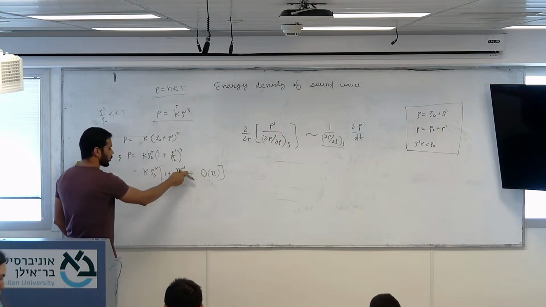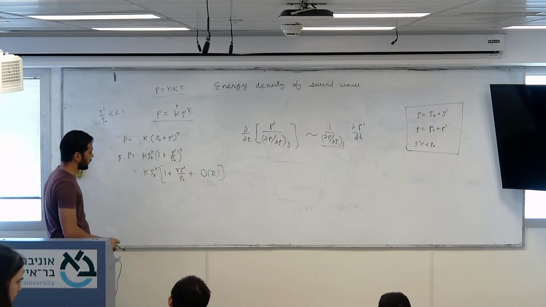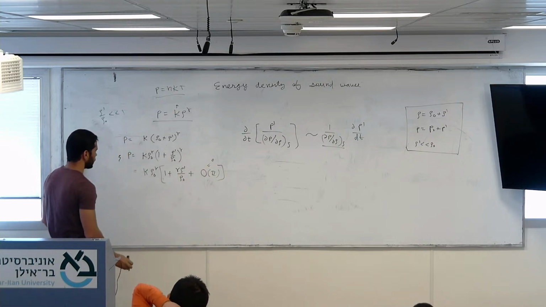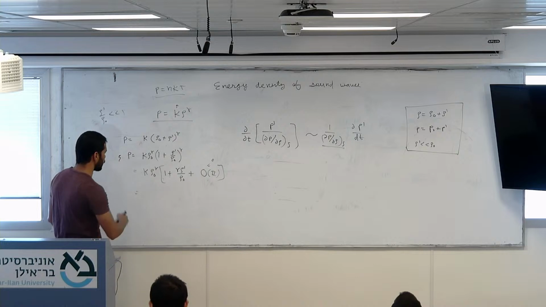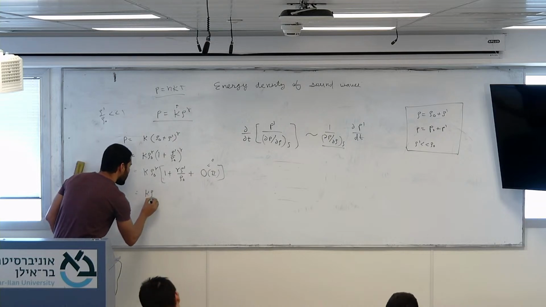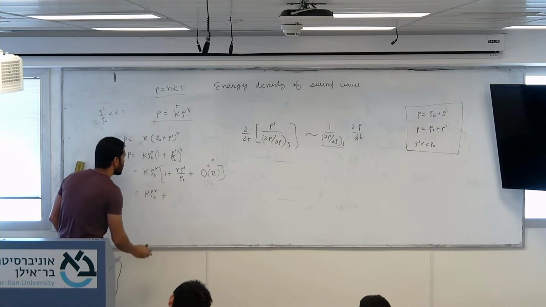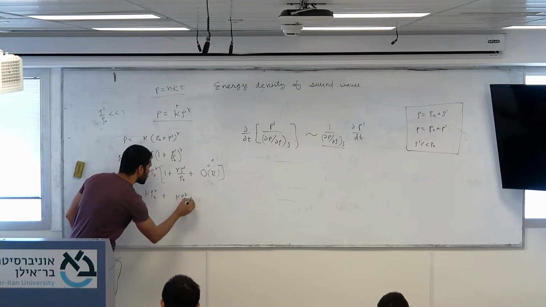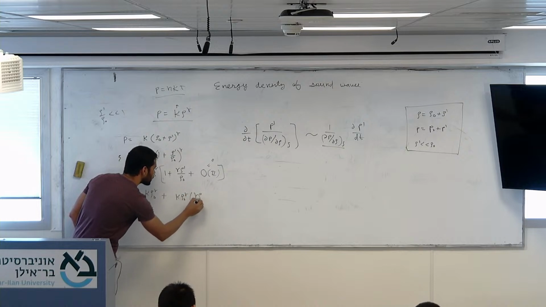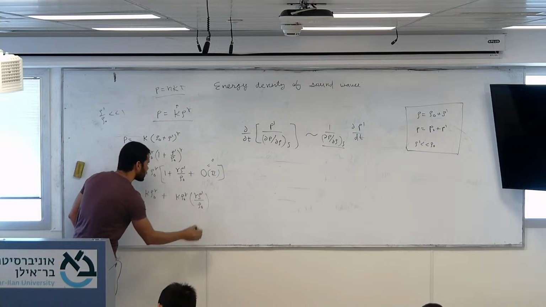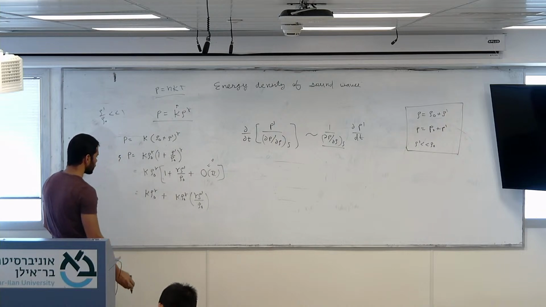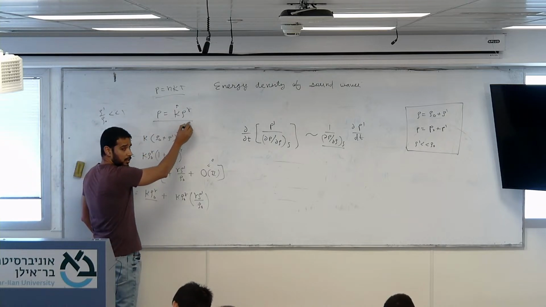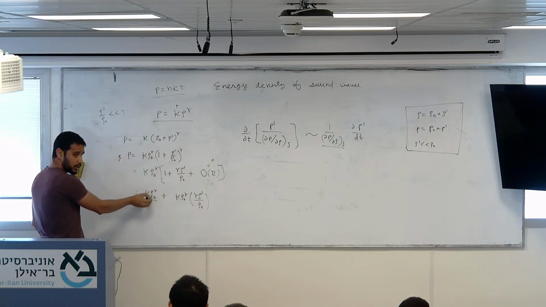Second order terms contain rho prime squared over rho 0 squared, so we ignore this. So open this. What is this? If P equals K rho to the gamma, P0 is K rho 0 to the gamma.